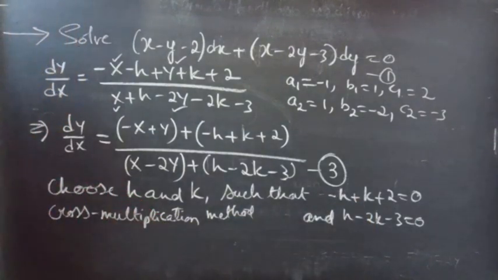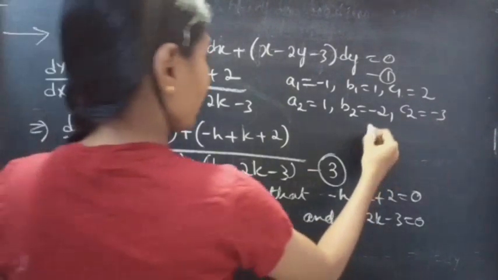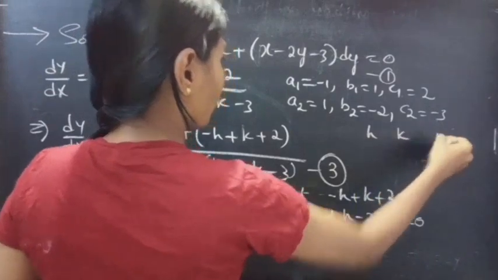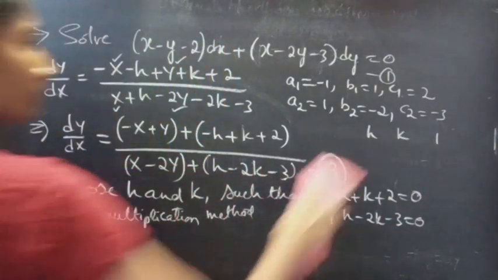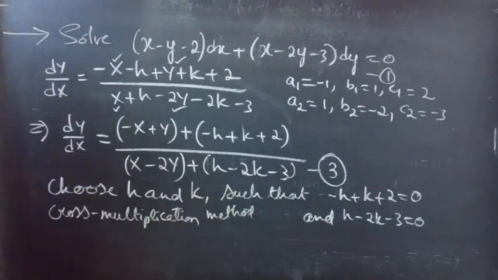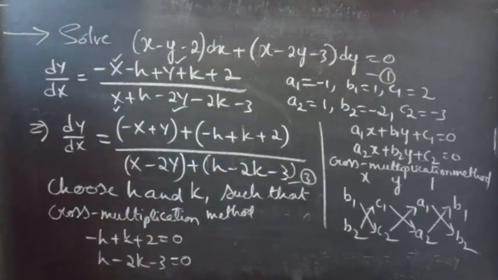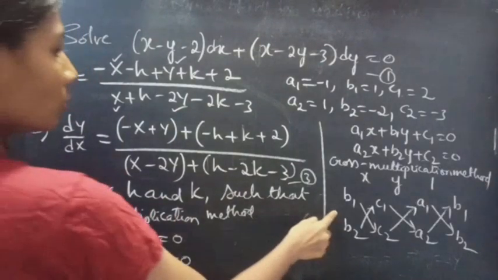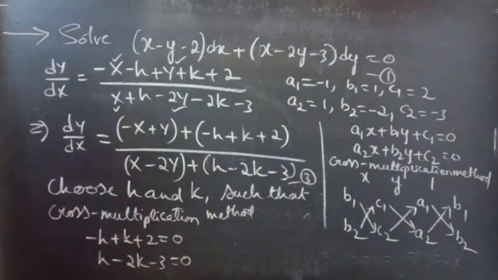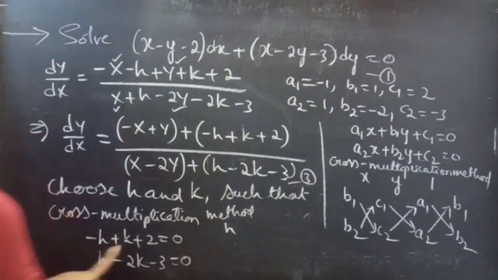So this is the cross multiplication method. Take h, k and 1.